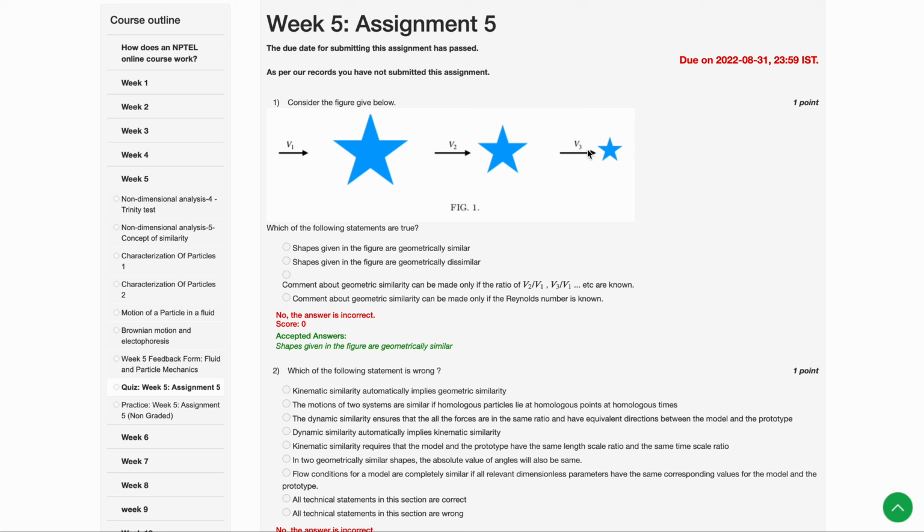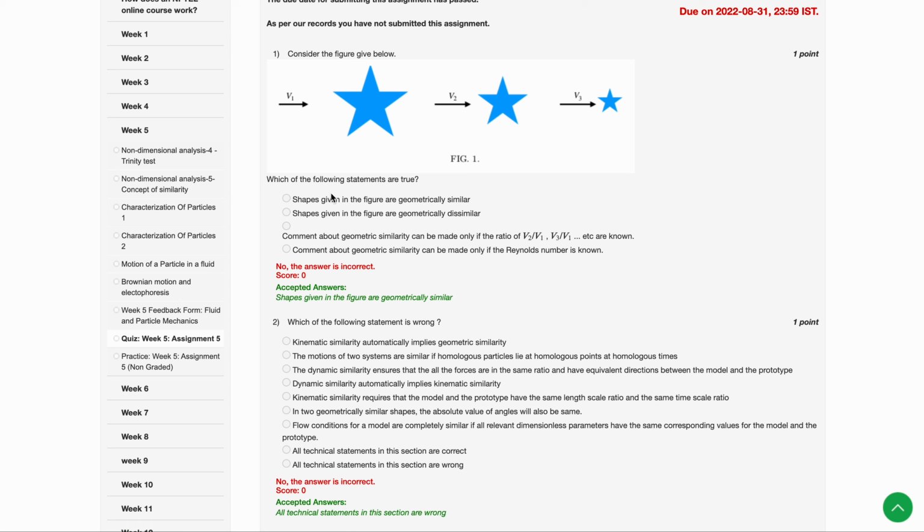But these three different stars are only different in terms of their size, not in their shape. That's why they are geometrically similar. So the correct answer is that shapes given in the figure are geometrically similar.